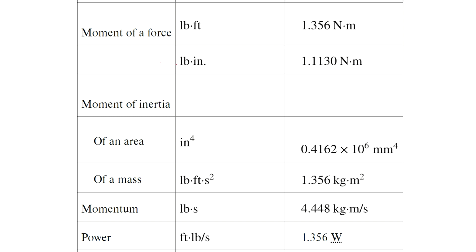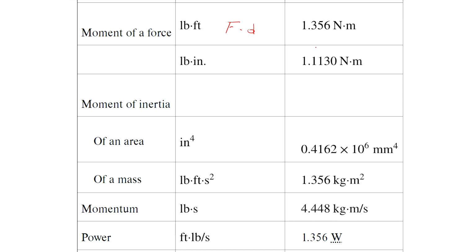Moment of force. This is the one that we just talked about. It's short for moment of force. We just call it moment, but the real term is moment of a force. A pound foot is force times a distance, and 1 pound foot is 1.356 newton meters, or 1 pound inch is 0.1130 newton meters.